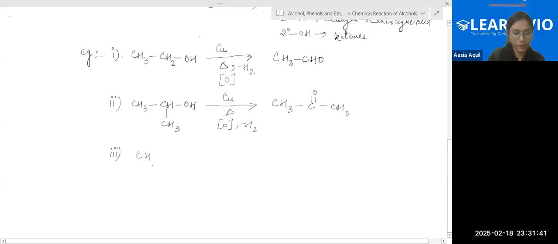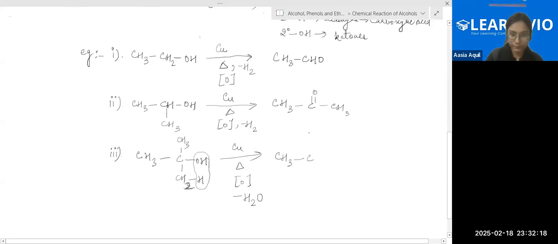Again, let's take an example of a tertiary one. (CH3)3C-OH, where three CH3 groups and OH are attached to the carbon. This is the tertiary one. Again, do the same thing, the oxidation. Here the loss of water, H2O, will occur, and you will get alkene.